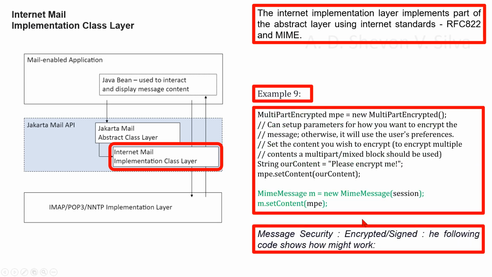Now we are considering encrypted or signed message security. The following code shows how it might work. The non-GUI method of creating the message involves using the MultipartEncrypted and MultipartSigned classes.